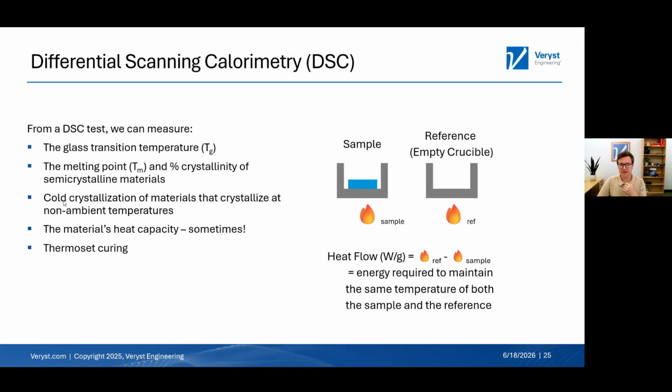You can observe something called cold crystallization, which we'll talk about. You can also measure other thermal properties like heat capacity, which is an advanced DSC method, or thermoset curing, or really any chemical reaction that has an enthalpy associated with it. You're going to see the results of that in a DSC test.